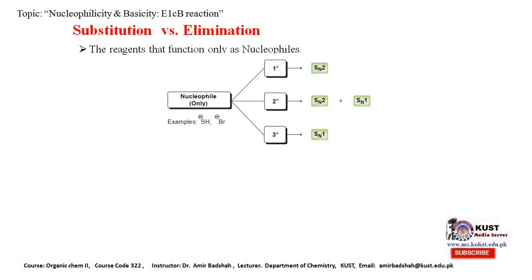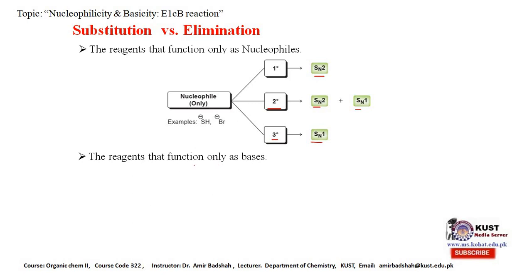If the substrate is primary, then an SN2 reaction will occur. And if the substrate is secondary, then there are two possibilities, SN2 as well as SN1. If the substrate is tertiary, then there is only one possibility, and that is the SN1 reaction.